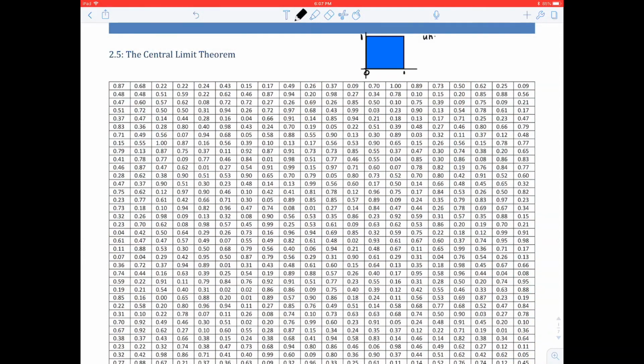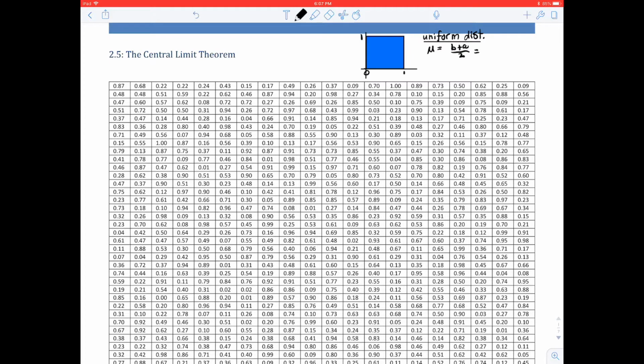Uniform distribution. Not sure if you remember it, but we went over this, I think it was last time. The uniform distribution has a mean of (b plus a) over 2.